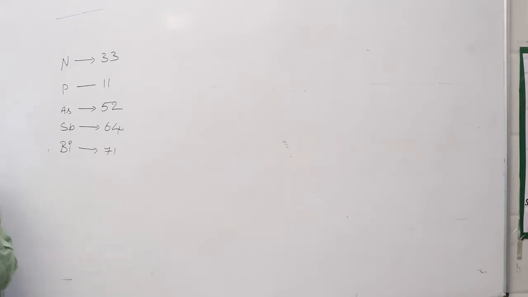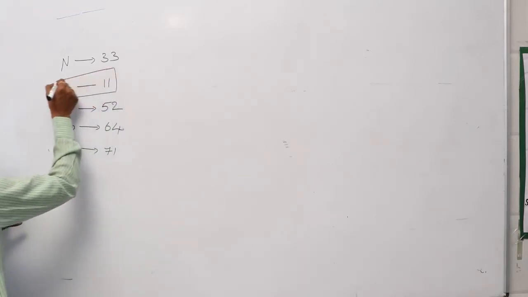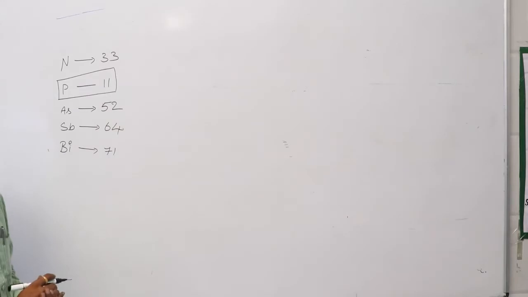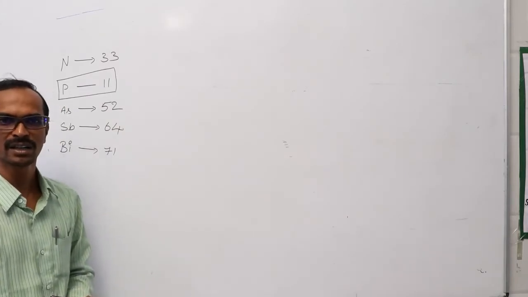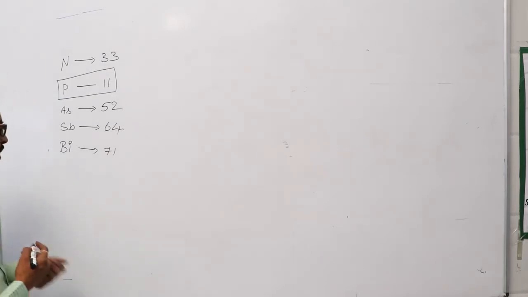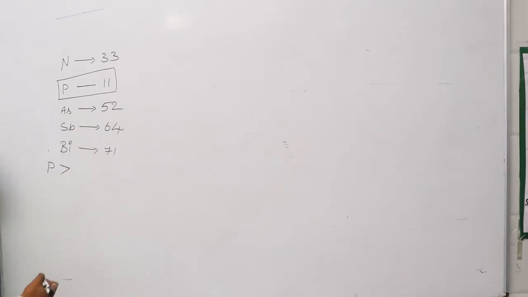So in the Earth's crust, what is the most abundant element of the 5A group? It's phosphorus, right? If you want to write it in order, phosphorus is the most available element in the Earth's crust, so its ranking is 11th.